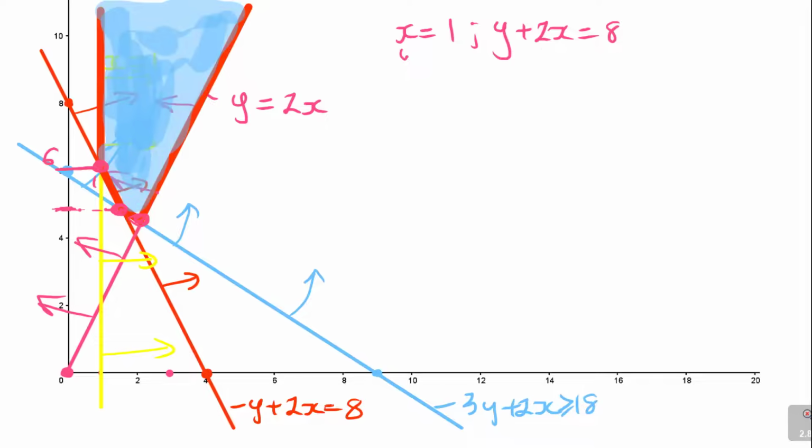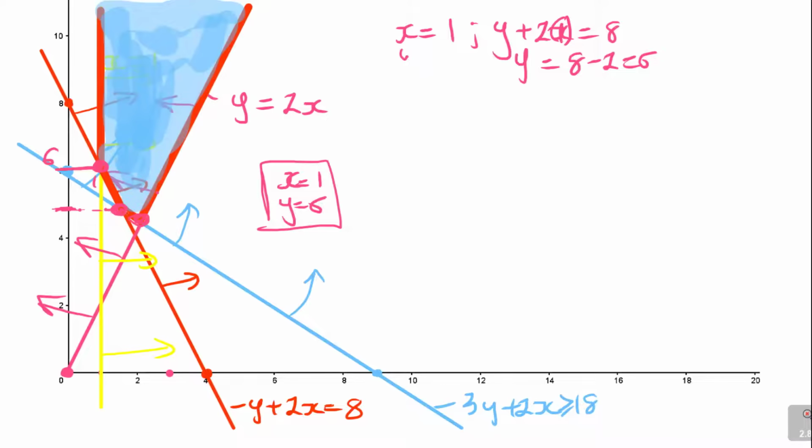So I need to remember, but x is 1. So here I put a 1. So y is equal to 8 minus 2, which is equal to 6. Hence, the first point is what? X is 1. Y is 6. That's the first point.